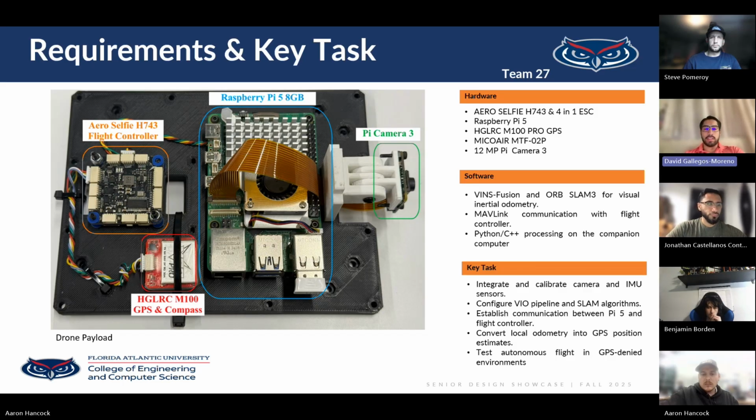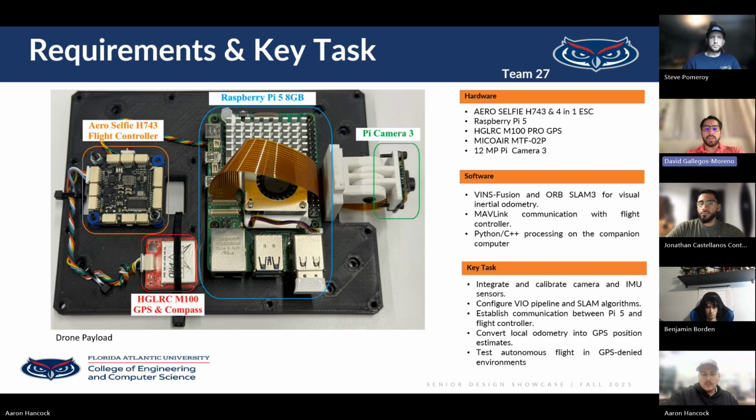Some key tests that we did is we integrated and calibrated camera and IMU sensors. There's internal sensors on the flight controller, which is the IMU, which includes gyroscope, accelerometer, magnetometer. And we also configured the visual inertial odometry pipeline and SLAM algorithms.